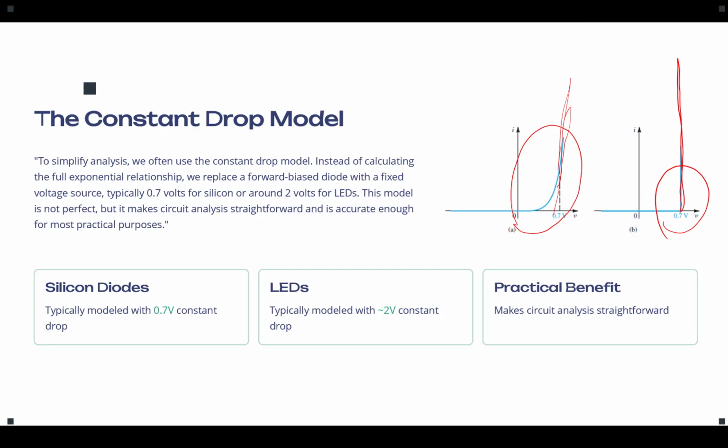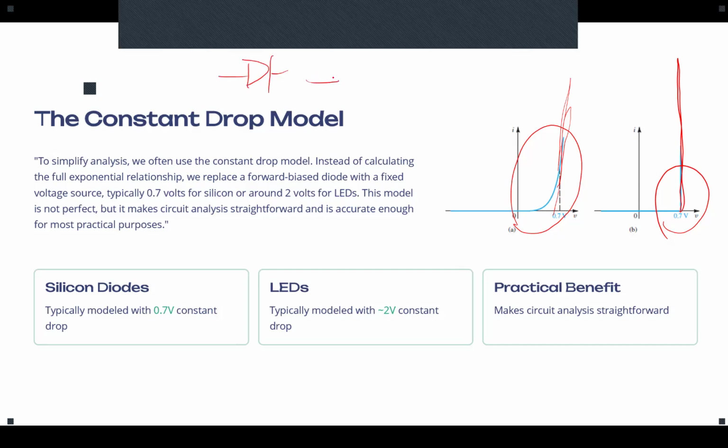Meaning you can simply replace your diode with a single voltage source. What is the value of that?